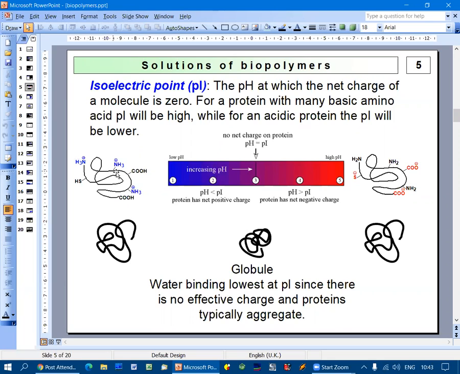Some of these NH3 groups, or protonated amines, will lose their protons. It means that the positive charge will become a little bit lower, but it still will be positive. That's why proteins can form not only two types of buffer solutions.